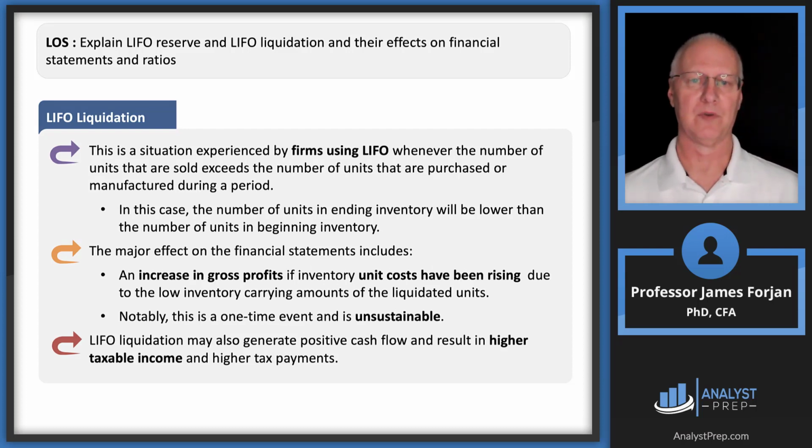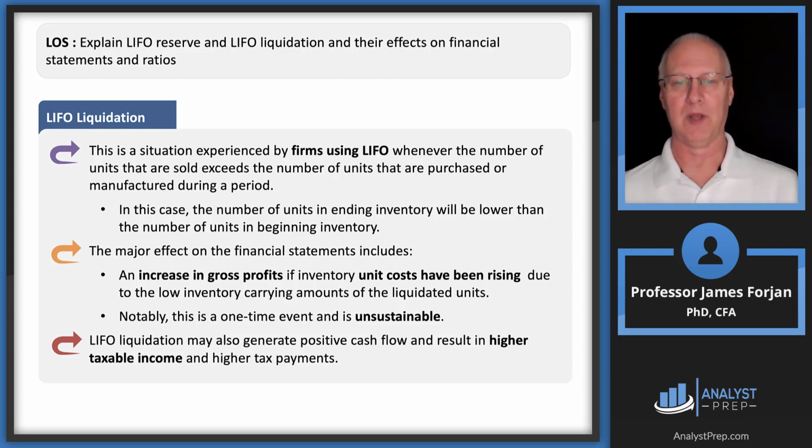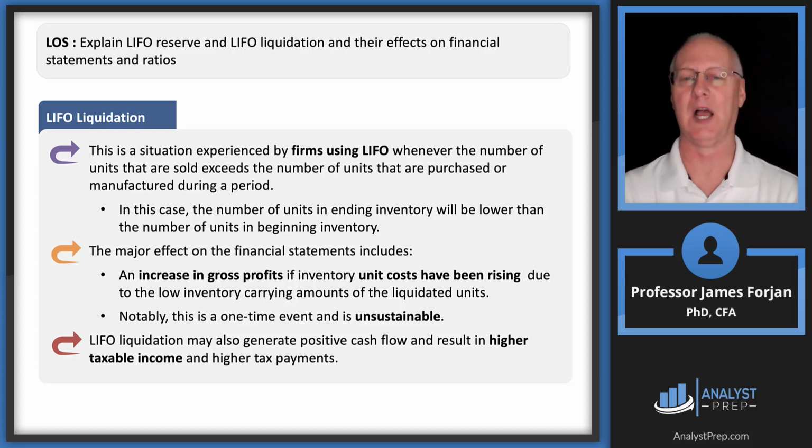Now, sometimes the situation can be experienced when firms using LIFO, when the number of units sold exceeds the number of units purchased. Now, what I want you to do is look at the orange arrow point and notice that the second bullet point there says something like, this is a one-time event and is unsustainable. And the reading does a very good job of convincing us that this is a one-time event.